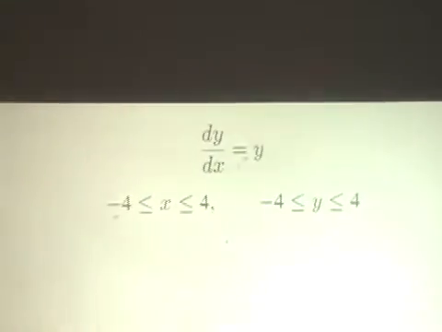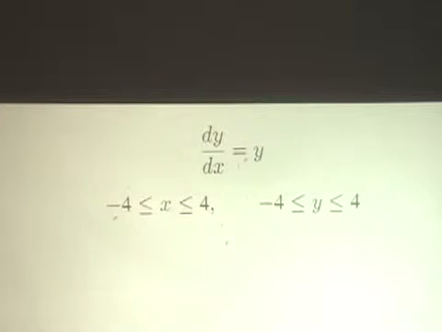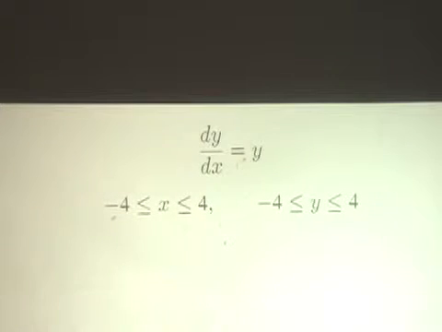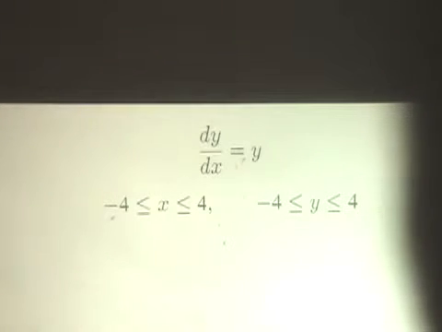Here's an example where the right-hand side only depends on y. dy/dx equals y. Or I could have written dy/dt equals y. Take a moment to think about that. The slope field for that one's going to have to be constant along horizontal lines where y is constant.